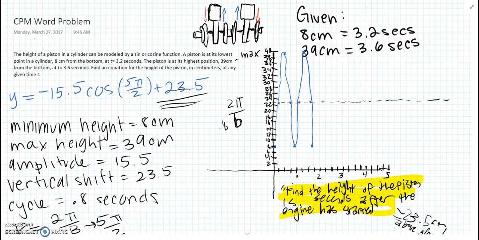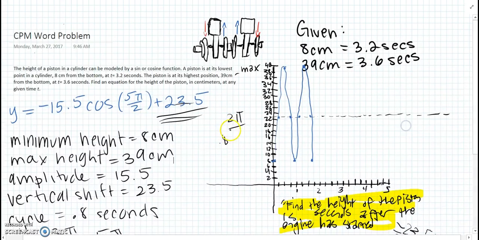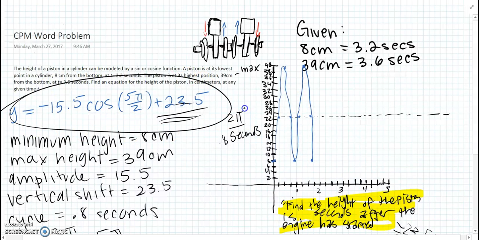Now to clarify one more time, because many people might get confused on this: period simply means that it takes 0.8 seconds for the entire graph to complete 1 cycle. And you know it's 1 cycle because it's 2 pi.